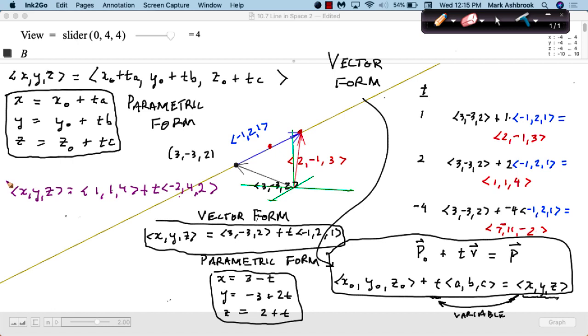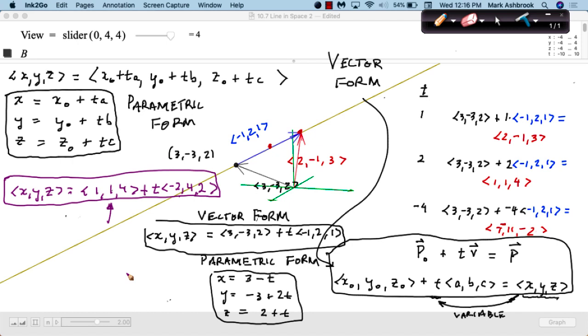So what do you notice about this line? What about the point (1, 1, 4)? Notice anything about that point? It was on our previous line, right?